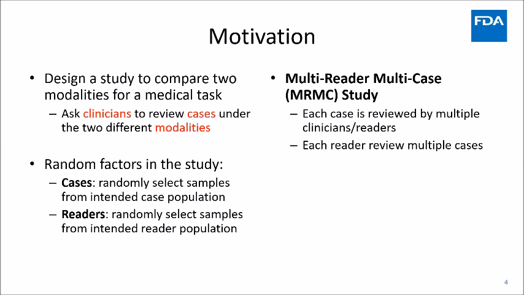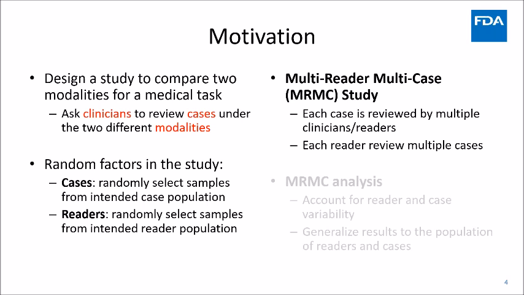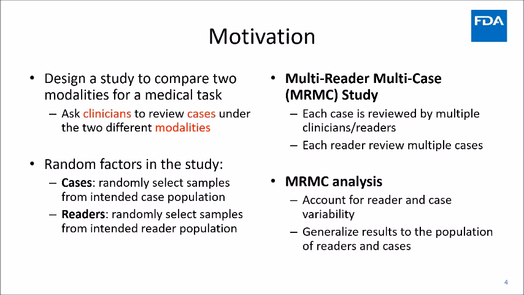In this study, each case is reviewed by multiple readers and each reader reviews multiple cases. By doing this kind of MRMC analysis, we account for both the case and reader variability so that we can generalize the result to the population of the readers and cases.